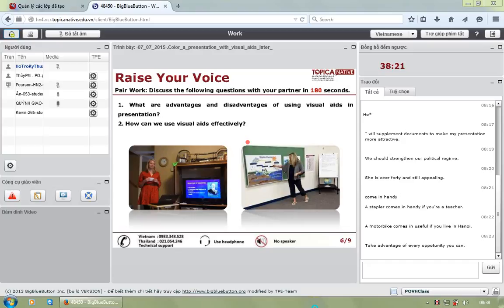Also, when you use text on the slide, not too much text. You should write out only some keywords, the key points, so it's easier for the audience to follow the main content of the topic you want to convey.